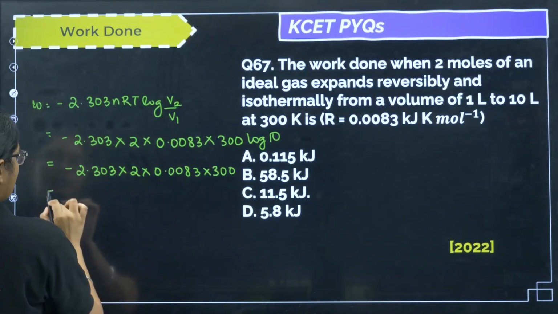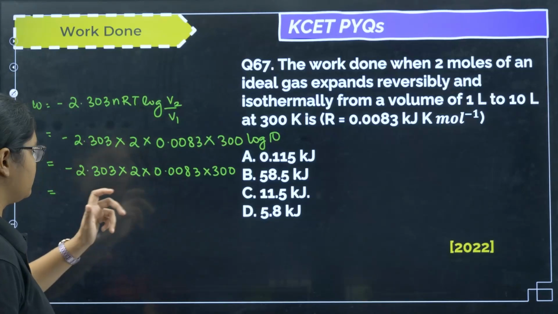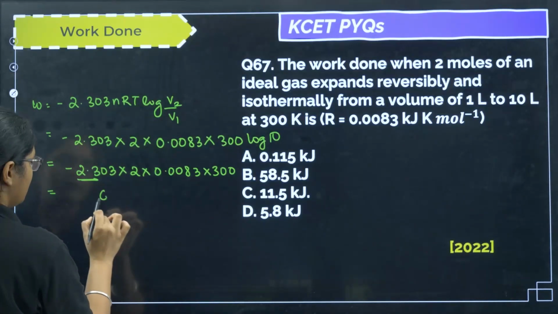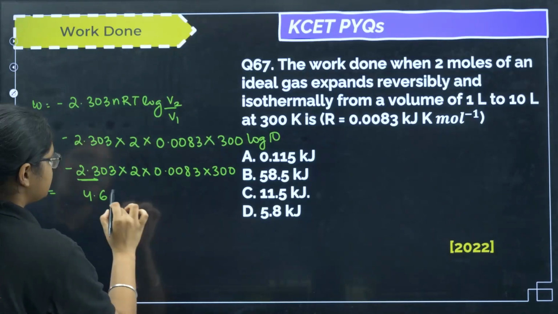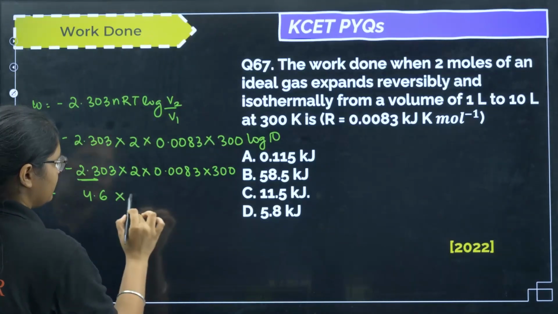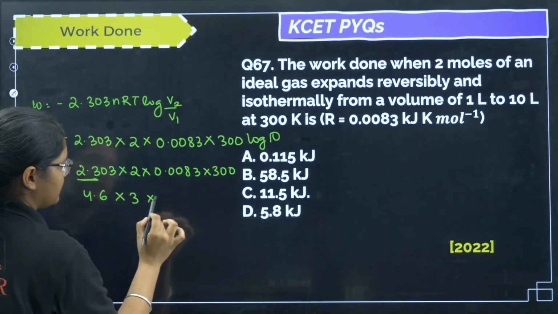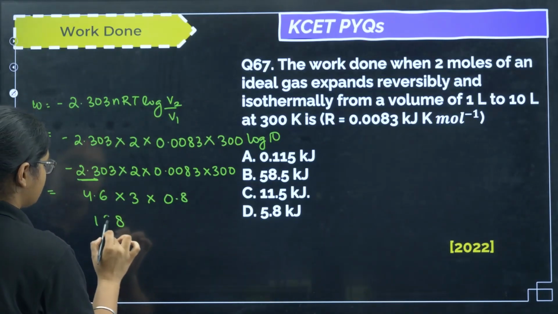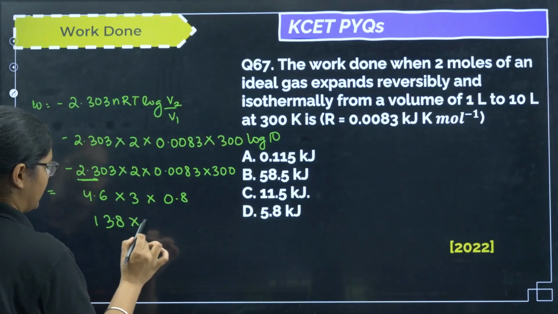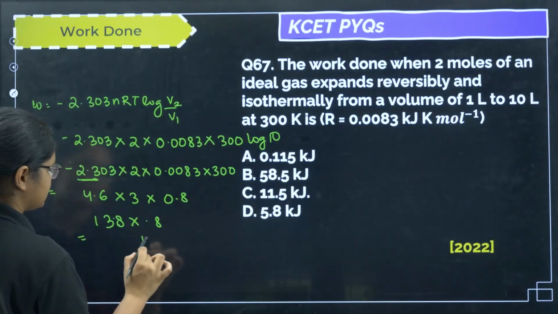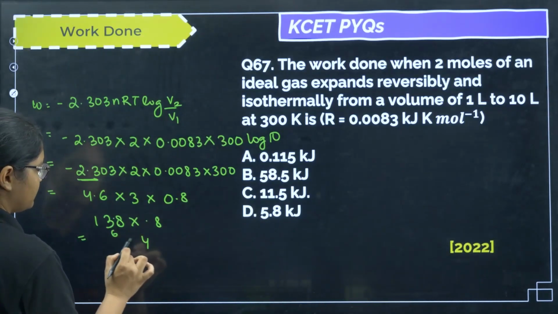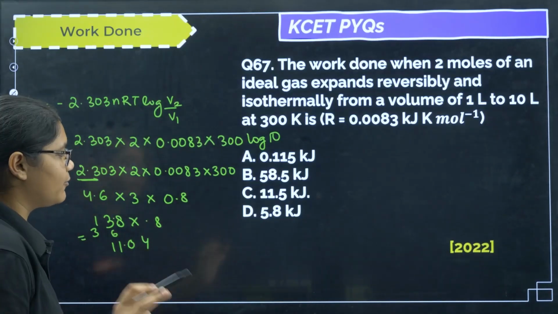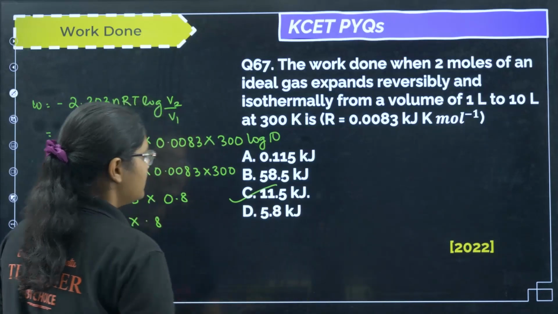Okay, so if I do a rough calculation, I am just taking 2.3 into 2 will be 4.6, 4.6 into 300, so it is 3 and I am multiplying this 100 with this one, so 0.8, so 3 6s are 18 and 3 4s are 12, 138, 13.8 into 0.8 if I multiply, 8 8s are 64, 8 3s are 24 plus 6 30, 8 1s are 8 plus 3 11, with 2 decimal places, 11 point something I will get, so that is option number C here.